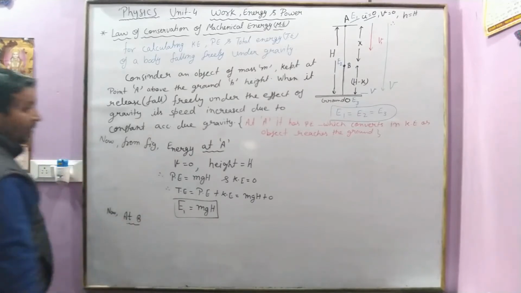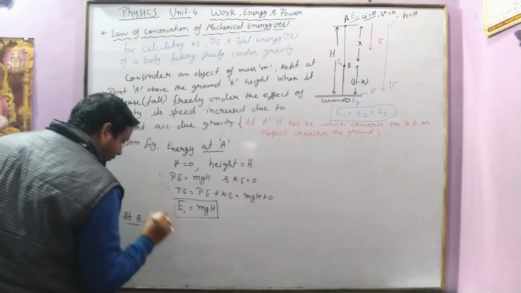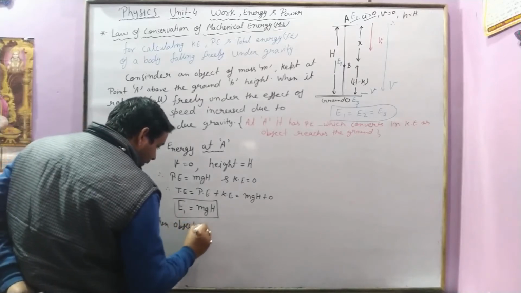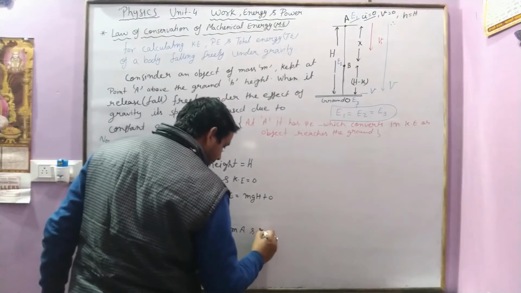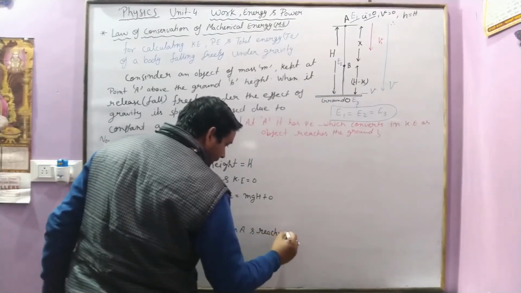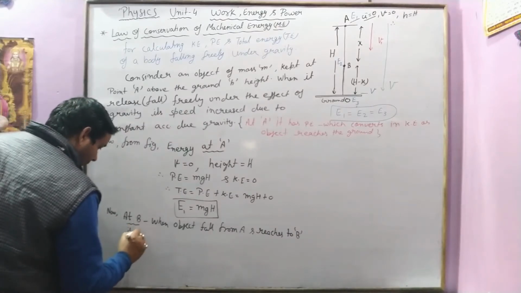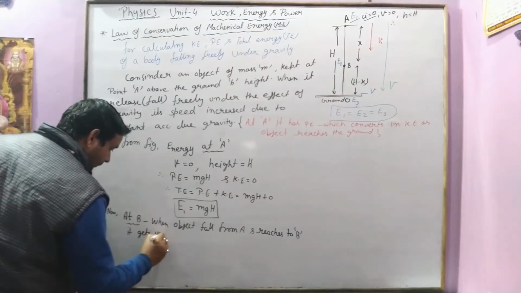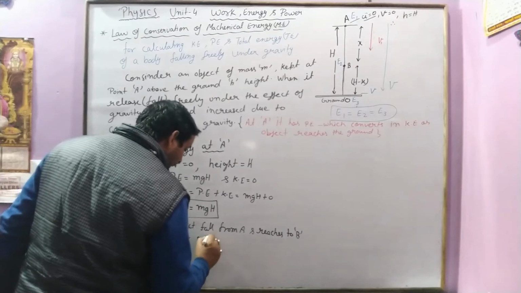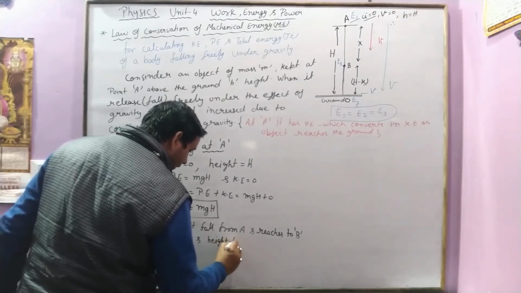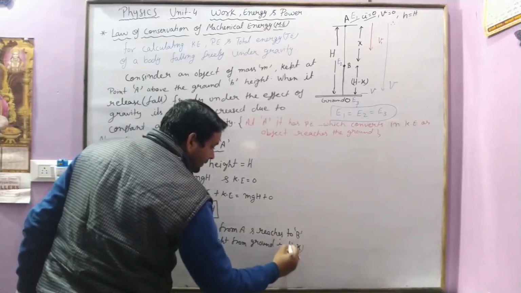Okay, now at B, when the object falls under the effect of gravity from A and reaches B, it gets velocity v1 and the height from the ground is h minus x.